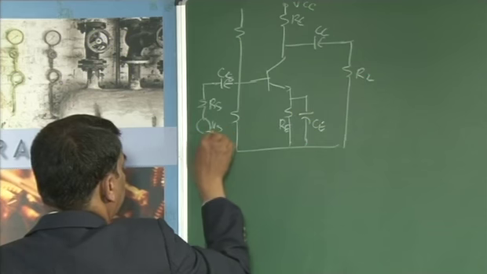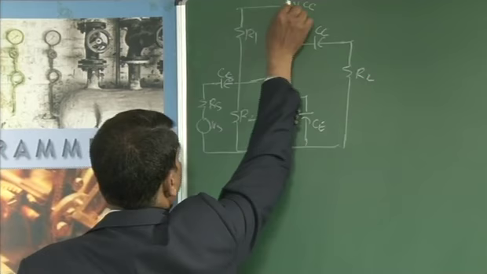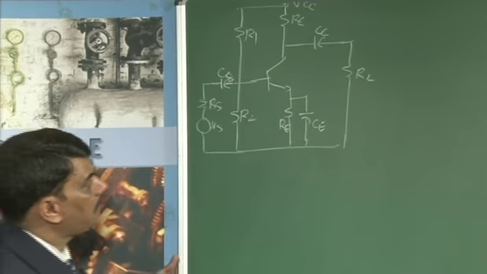This is VS, connecting to the ground, R1, R2, RC, RE. This is a general amplifier at low frequency.